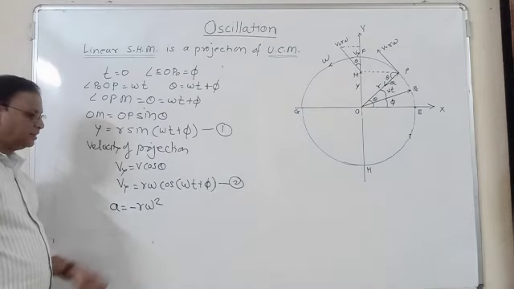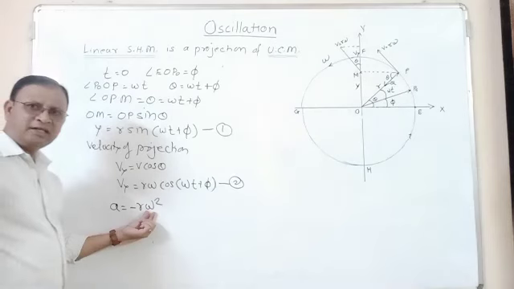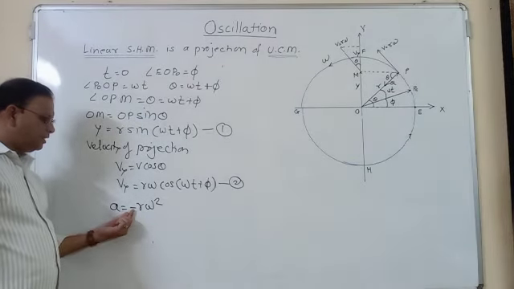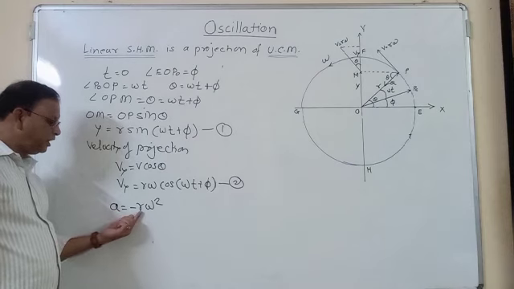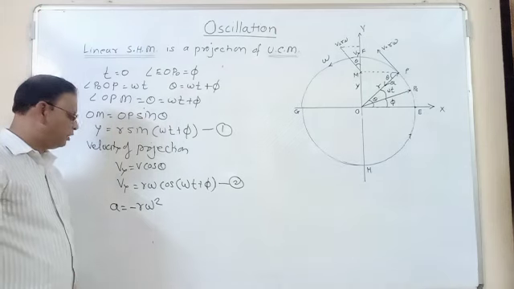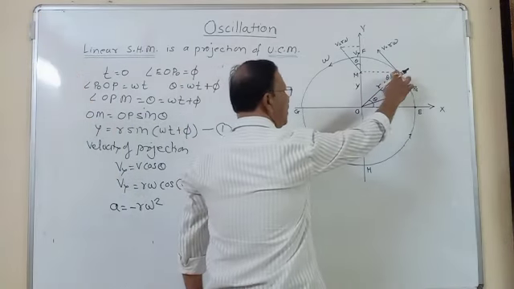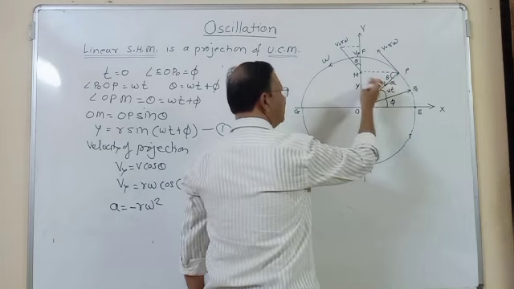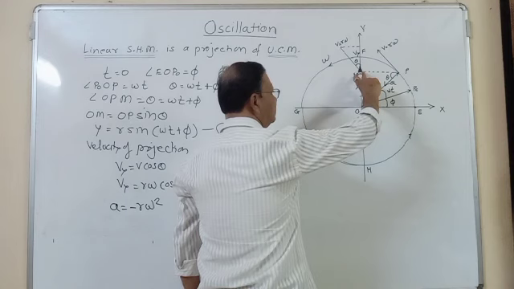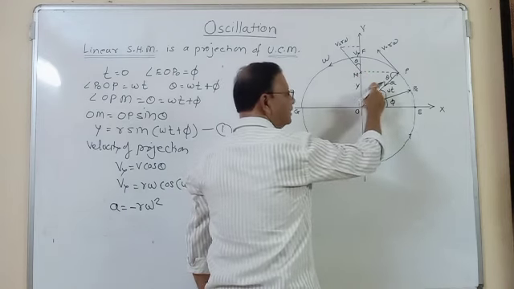r is the radius, omega is the angular speed, or we can say angular frequency, and the negative sign indicates that this acceleration is along the radius and directed towards the center of the circular path. Therefore, consider the component of this radial acceleration along this diameter. Now this side is the front side of this angle.